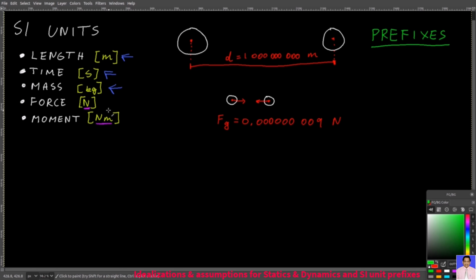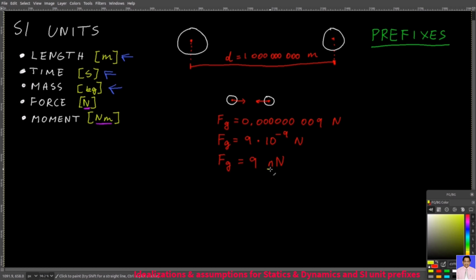For example, let's take the force unit Newton. If this is your force, then you can also write it like this. Fg equals 9 times 10 to the power of minus 9 newtons. Or you can write Fg equals 9 small n and then big N, which is newtons.